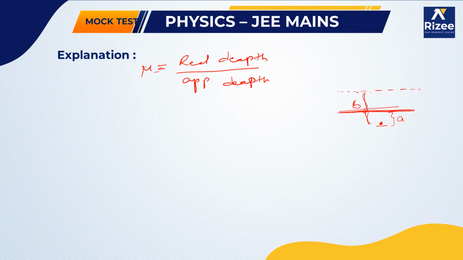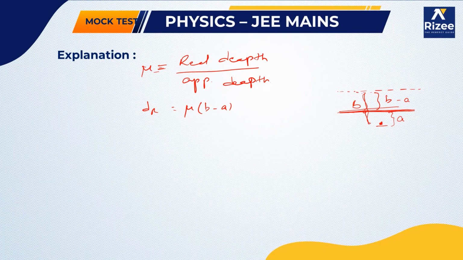Okay, so using this relationship we will try to solve this. What is the apparent depth according to the diagram? This will be your apparent depth, which is B minus A. So your real depth, d real, can be written as mu into B minus A. This is when the liquid is at the original height.